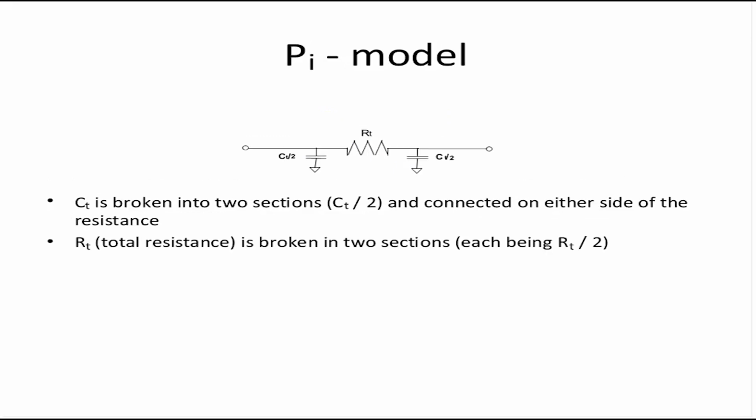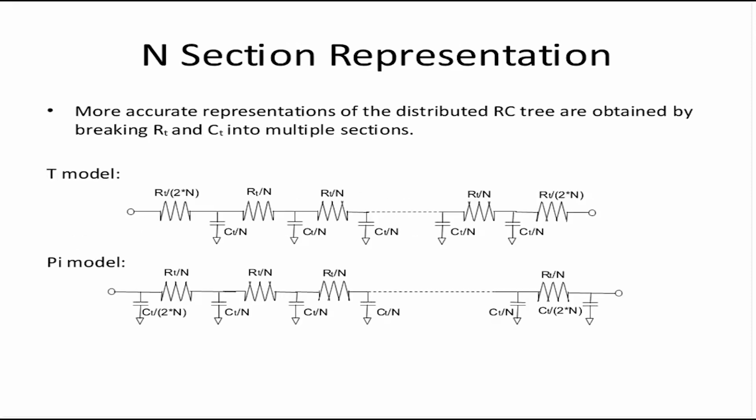The other model is the pi model, in which RT is in between two capacitances, and CT is the one that is broken down into CT by 2 and CT by 2. And RT is the total. There's some typo here. Total CT is broken down into CT by 2, and RT remains the same. And then there is a much more accurate N section representation.